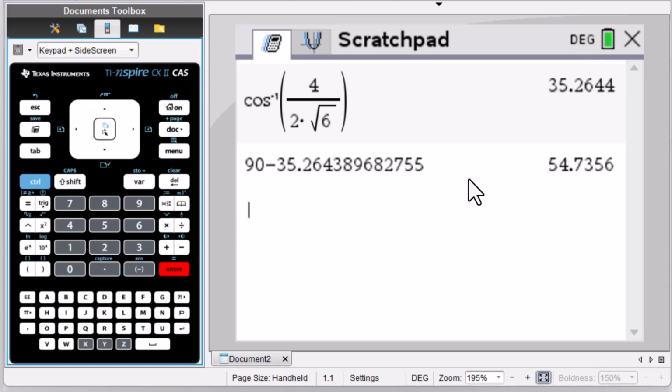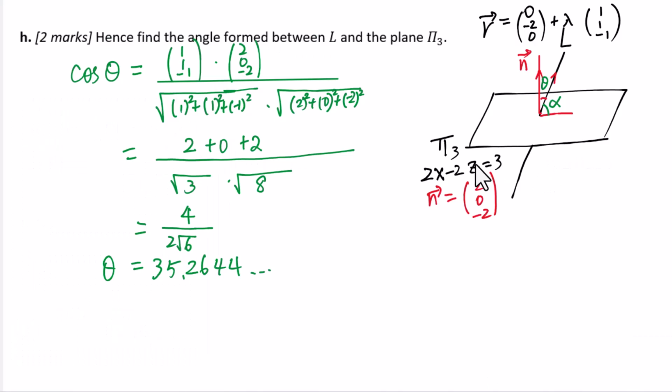We got the angle between the line and the plane pi 3. So we got theta equals 35.2644. And the angle between the line L and pi 3, alpha, equals 90 degrees minus theta, which is 54.7 degrees.